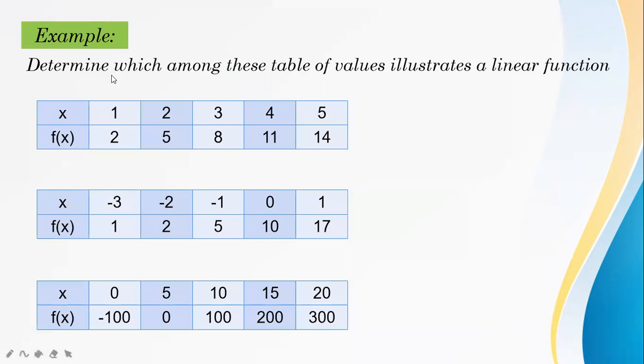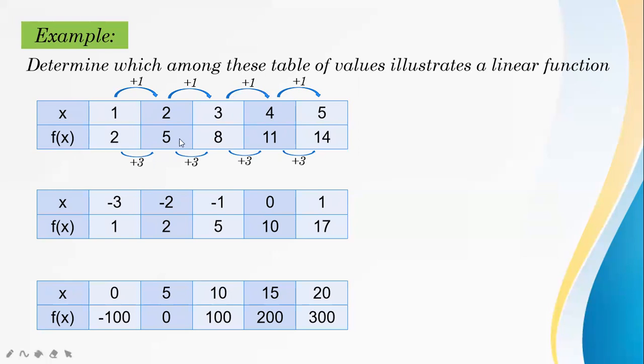Next, we have the example. Determine which among these tables of values illustrates a linear function. Look at number 1. X is 1, 2, 3, 4, 5. Then f of x is 2, 5, 8, 11, 14. If you observe, x increases by 1 unit: 1, then 1 plus 1 is 2, then 3, 4, 5. Then f of x increases by the same amount, positive 3.